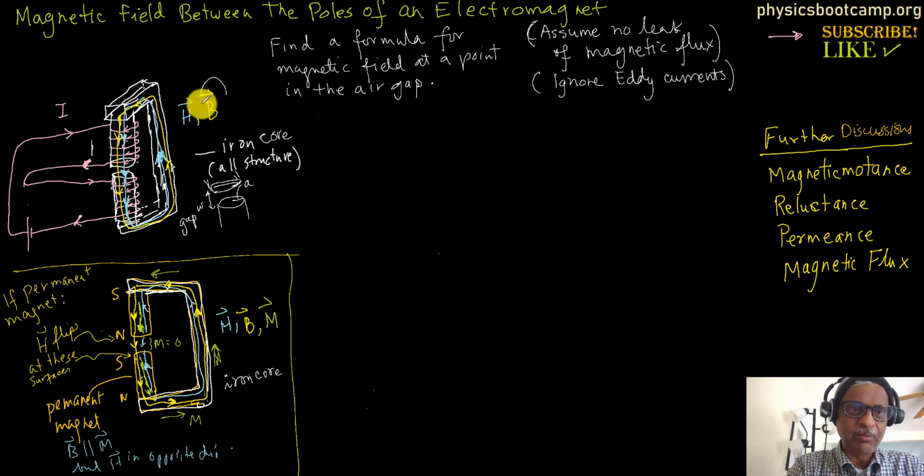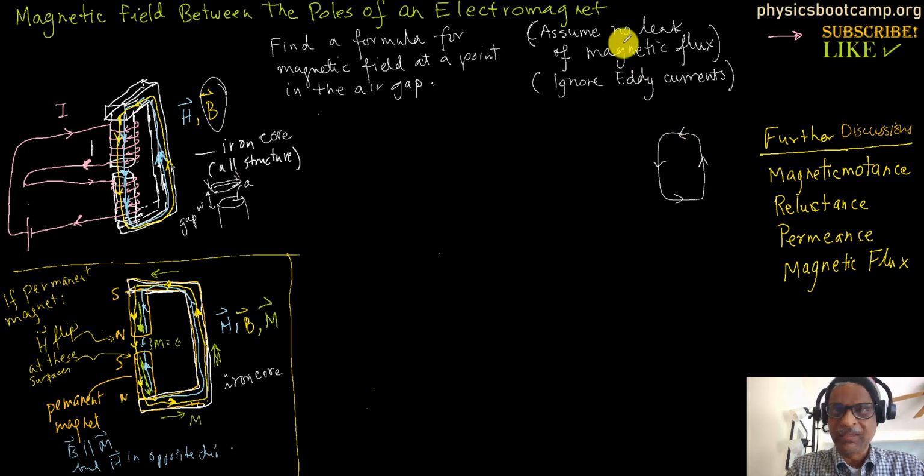So you may know the B field is going to go in the core in this direction or the opposite, depending on the current. So the core is like this. If the core is wide enough, there will be no leakage.